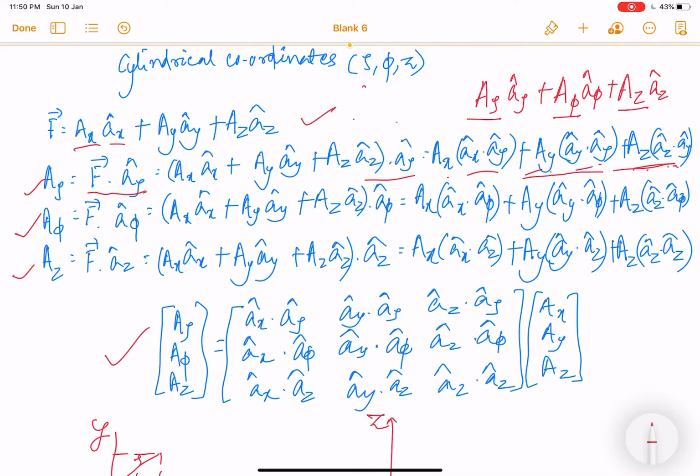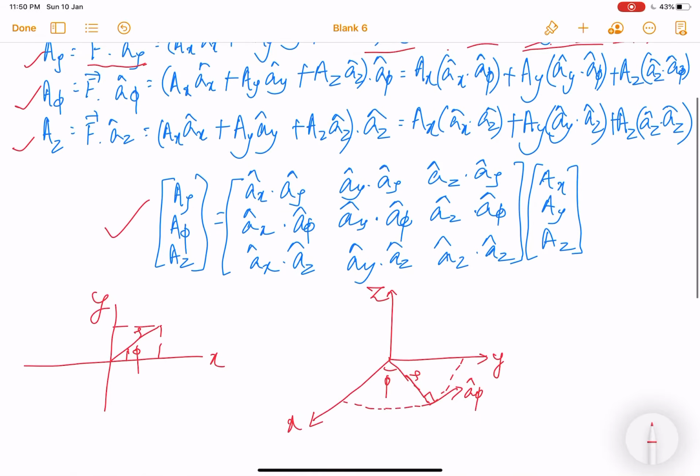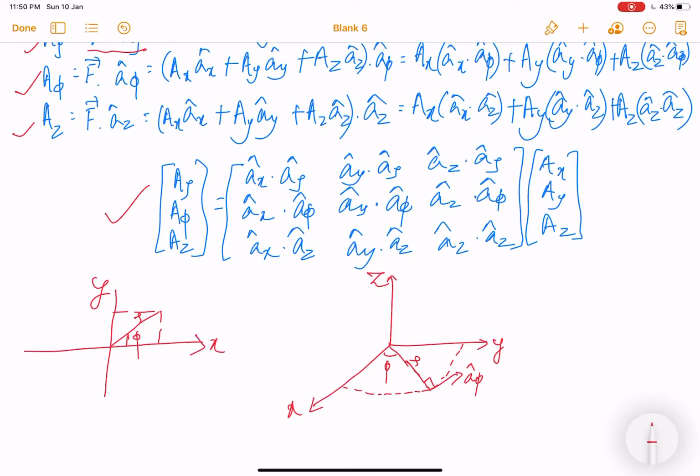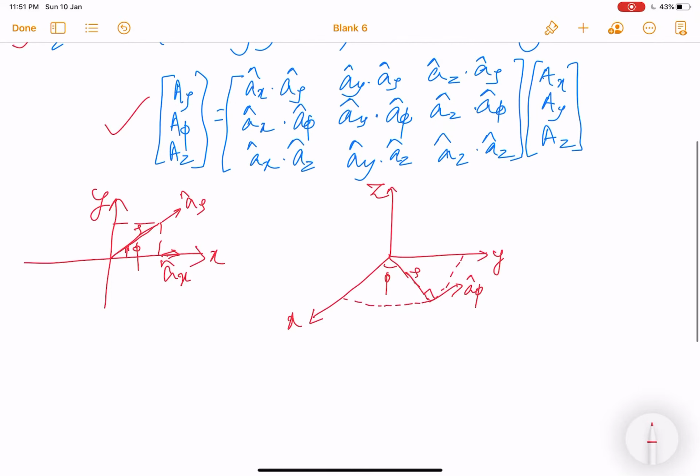It's pretty simple: if I take the xy axis, and this is rho, this is my a rho cap direction and this is my x cap direction, and I can clearly see the angle between them is phi. So ax cap dot a rho cap equals cos phi.